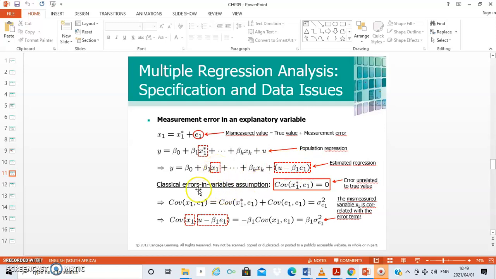Remember that our classical errors-in-variables assumption is that the error is unrelated to the true value.